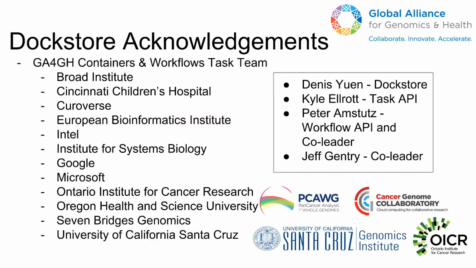And in particular, on the Dockstore side, I want to thank Dennis, who's working at OICR, and we're collaborating between OICR and Santa Cruz on the Dockstore development. Kyle, who's working on the task API, Peter, who's working on the workflow API and is also the co-leader of this task team, and Jeff, who's the co-leader of the task team as well.